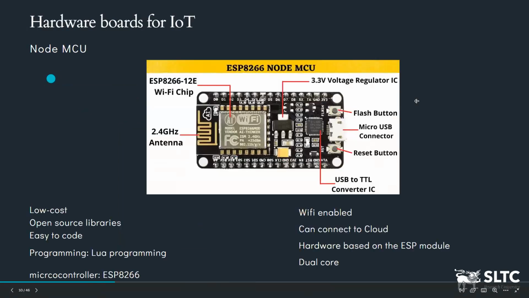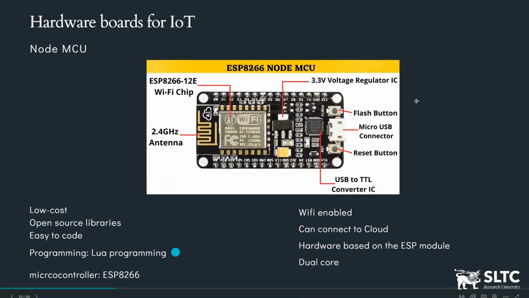Then we have another microcontroller that is known as NodeMCU. NodeMCU is a low cost microcontroller, it has open source libraries, and it is easy to port. This is also a popular hardware controller board.